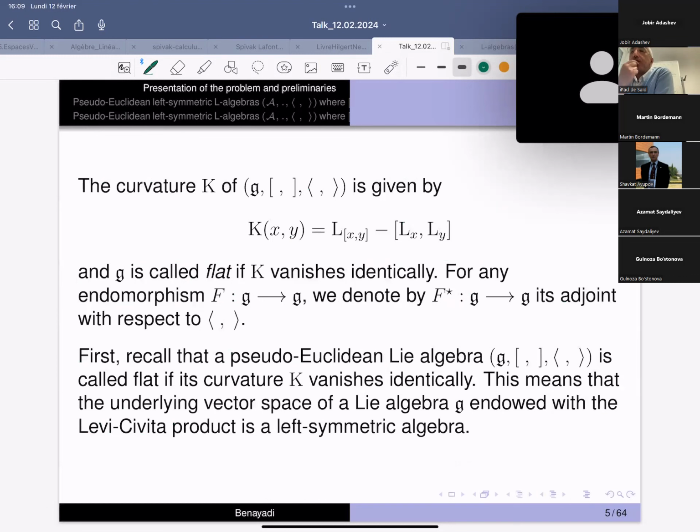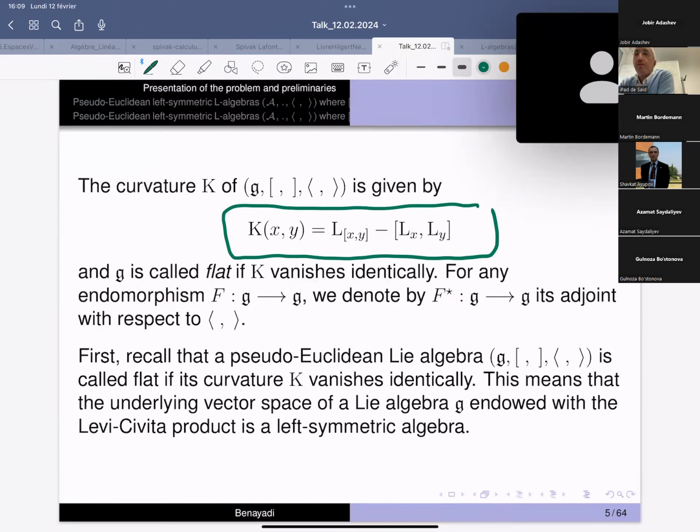The curvature of this pseudo-Euclidean Lie algebra is exactly this one, where Lx is the left multiplication by x, and G is called flat if this curvature vanishes identically.